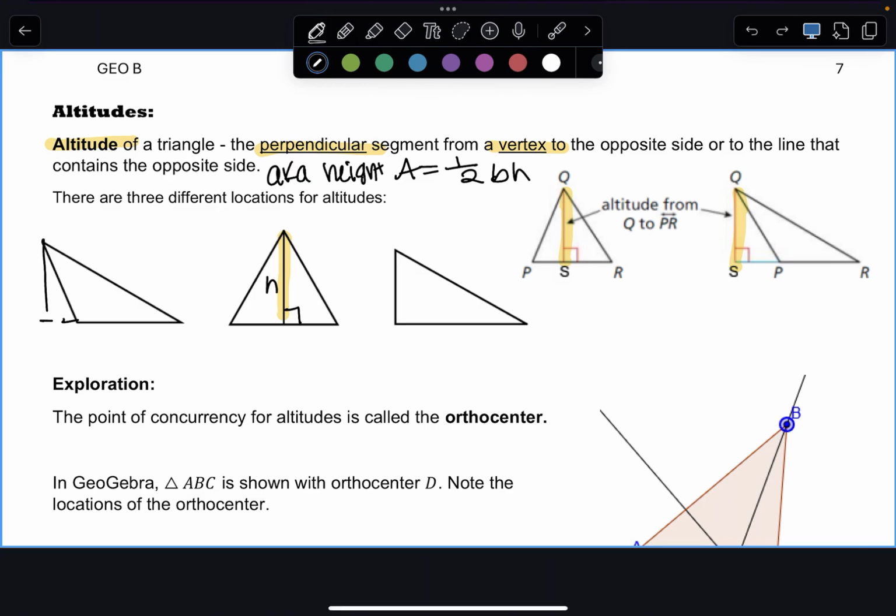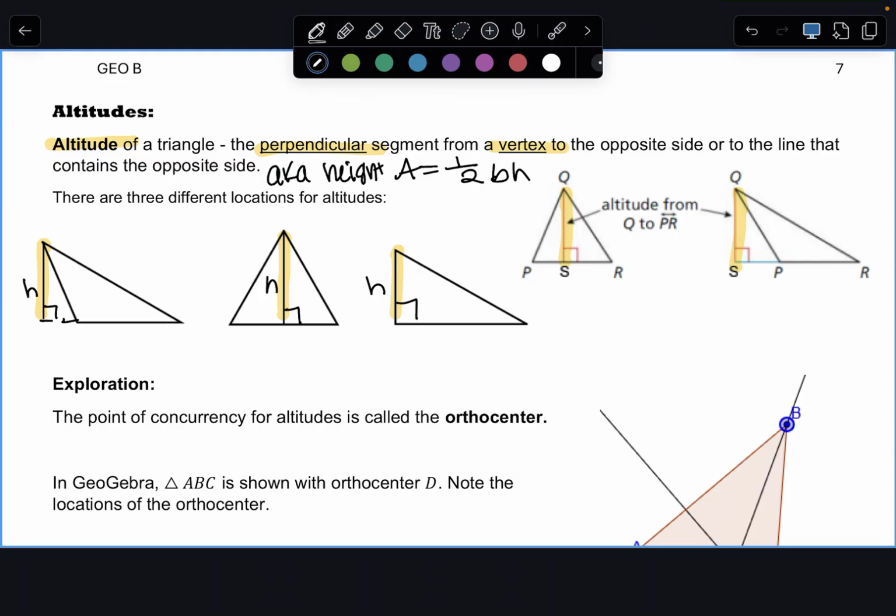So altitudes can be inside or outside the triangle. For right triangles, they can also be on the triangle, because right triangles already have that 90-degree angle that connects a vertex to a side.